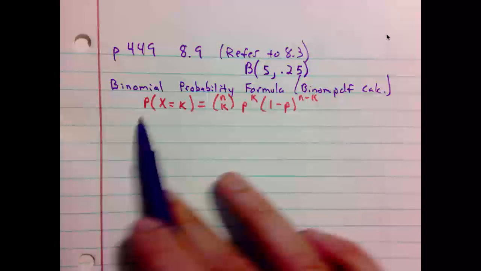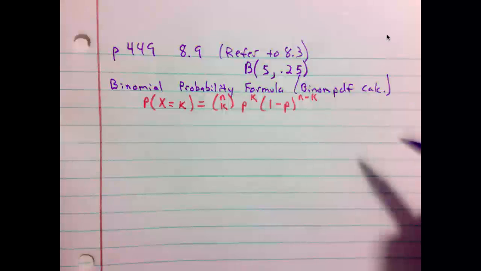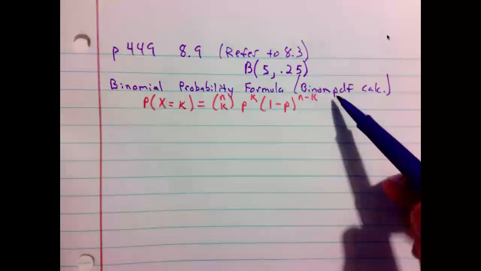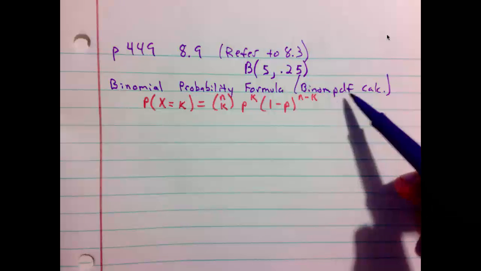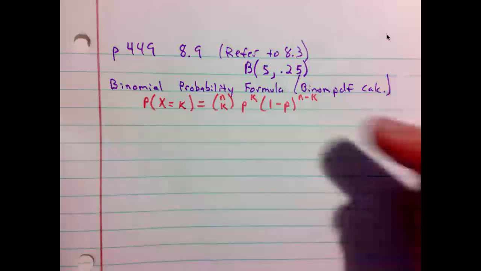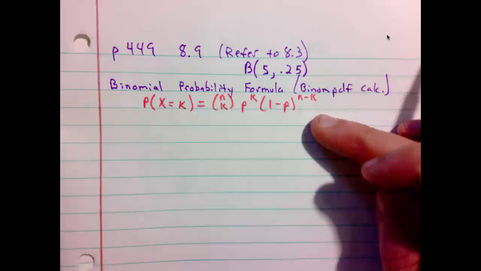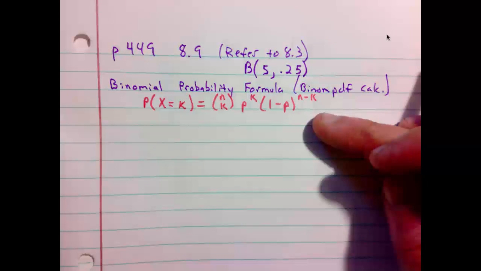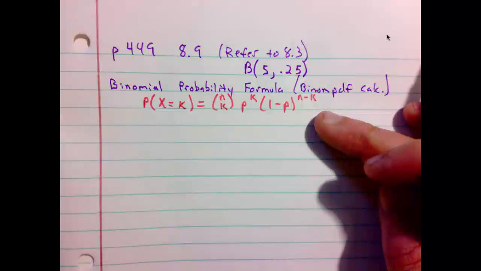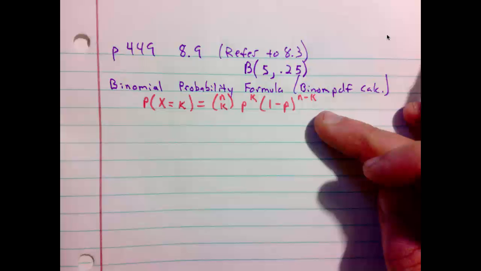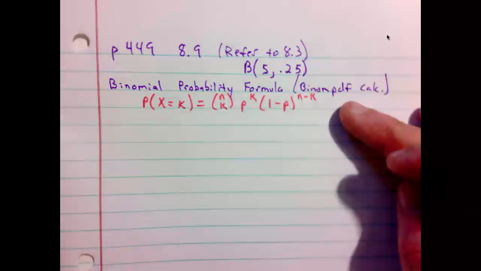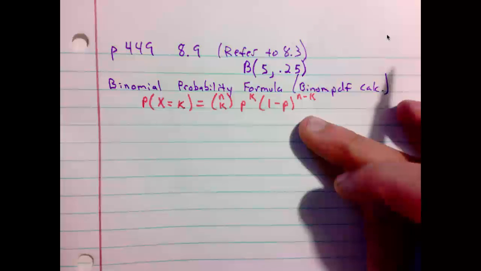This formula is written on the formula chart, and it can be obtained by using the binomPDF function of your calculator, but you will need to know how to use the formula. You may see it in a multiple choice problem. And in this case, it really does help you understand the binomPDF function. The formula will make sense to us.